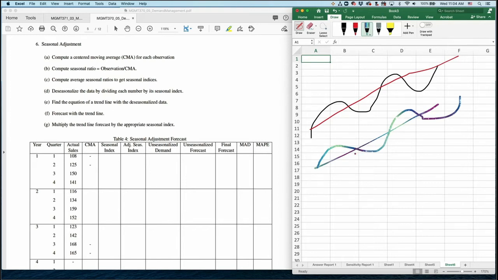First of all, we have to deseasonalize, and then we have the seasonal factor, the seasonal index, and later on we multiply that seasonal index to our linear trend. Those are the key ideas of this seasonal adjustment.